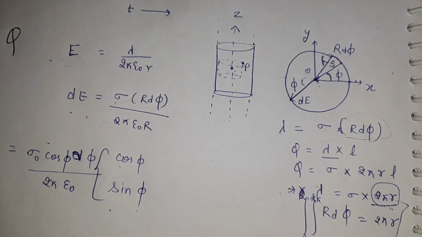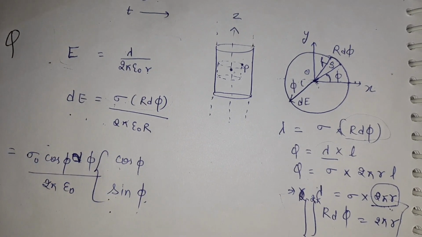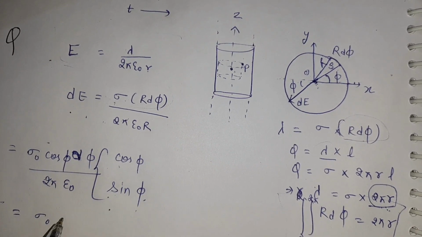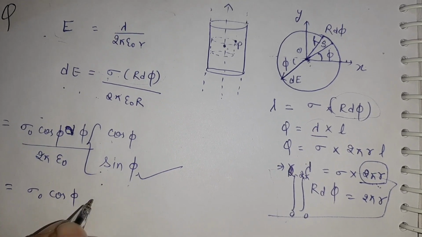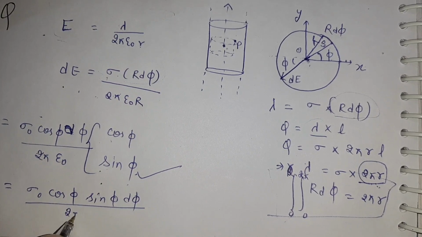So we can see that the OY component will vanish when we integrate this expression. I'm talking about sigma cos phi sin phi d phi by 2 pi epsilon naught.